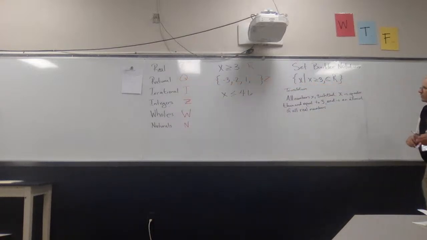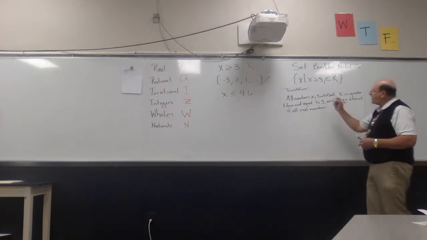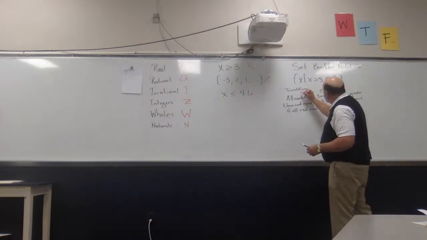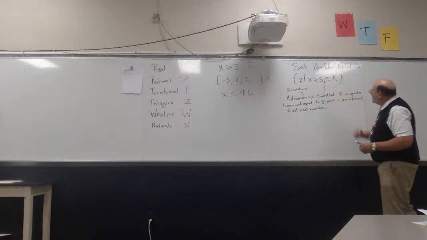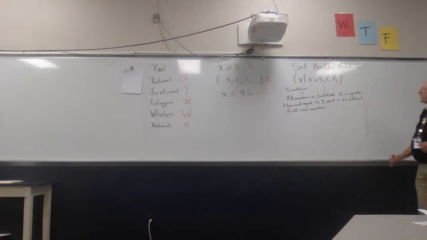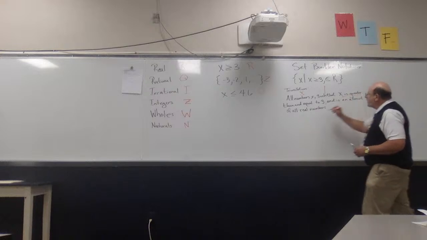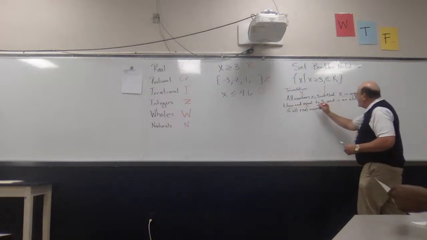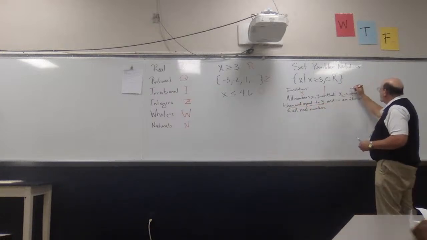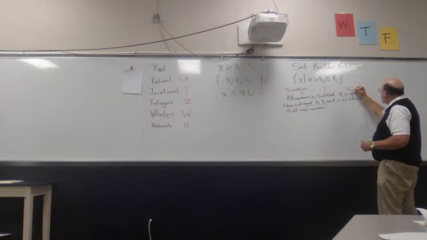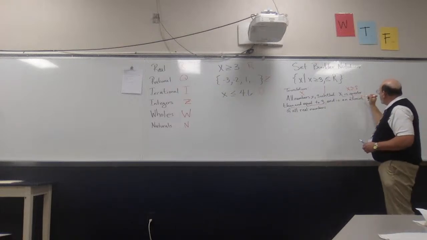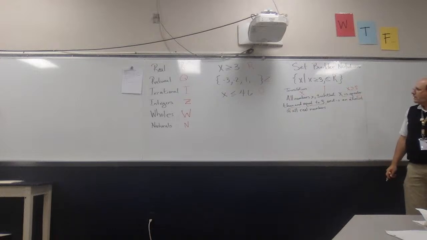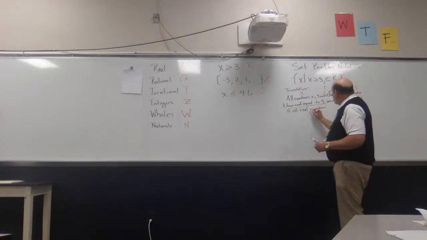All numbers x, that's where that beginning x is. Such that, that's that vertical line. Well, x is greater than and equal to 3. You see that x is greater than and equal to 3. And is an element of, that's that weird looking E right there. And then there's the R for all real numbers.